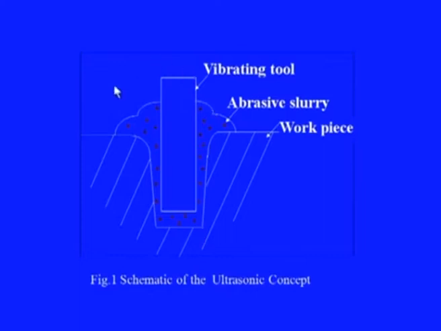Now, in this particular configuration, we are trying to show that the ultrasonic vibration is given to the tool itself and the workpiece will remain stationary. Here both the actions will take place. The normal EDM, because of the dielectric being flown here, which is in the form of the slurry, in which some abrasive particles are also suspended.